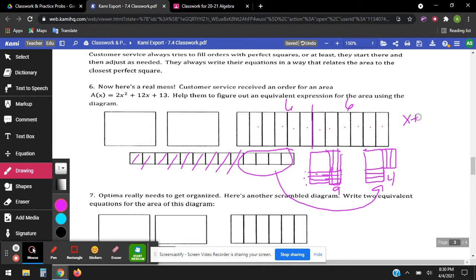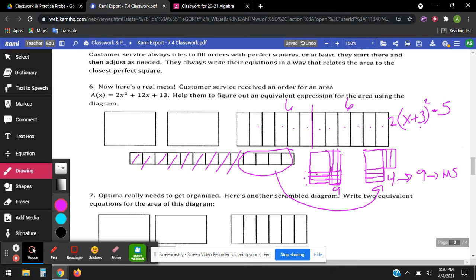So it'd be x plus 3. I have 2 of them, but the problem is I have 4. I need 9. So that means I'm missing 5. So I need to subtract 5. So I have this perfect square minus 5, right?